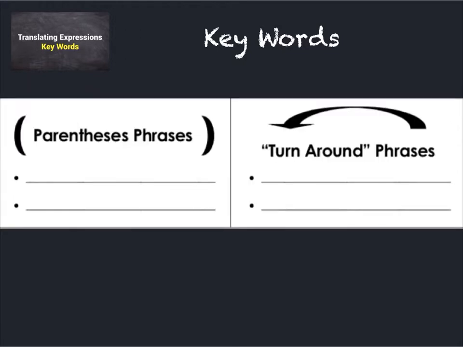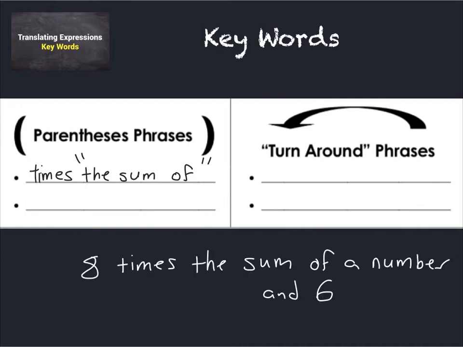Okay, parenthesis phrases. So let's take a look at this, and I'll write an example here for you. Okay, so here we have times the sum of. This would actually be a phrase that would require parentheses. And let me give you an example. Maybe that'll help you visualize this. So here we have 8 times the sum of a number and 6.